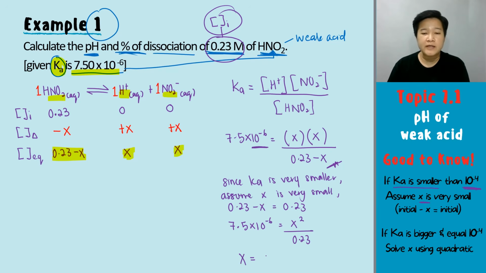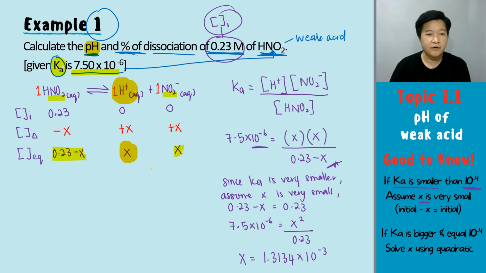And the X over here calculated is 1.3134 times 10 to the power of negative 3. That is the X that we calculated. And the question asking for the pH value. So if the question asking for the pH value, we need the concentration of H+ at equilibrium. Okay?